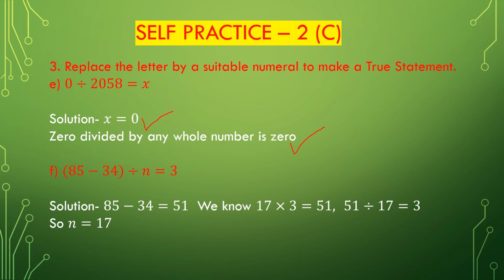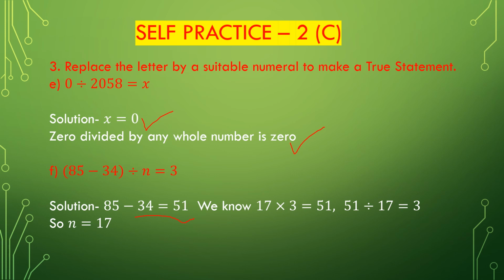X will be 0. Then part f: (85 minus 34) divided by n equal to 3. First we perform this calculation inside the parenthesis. So 85 minus 34, we get 51. Then 51 divided by n equal to 3. We have to find the number such that 51 divided by that number, we get 3.